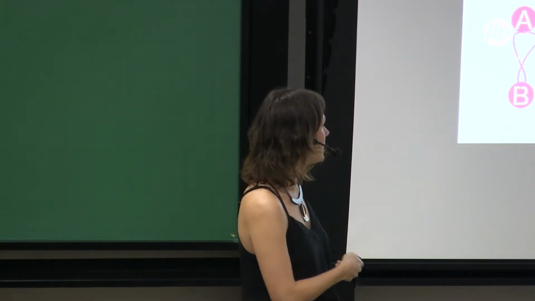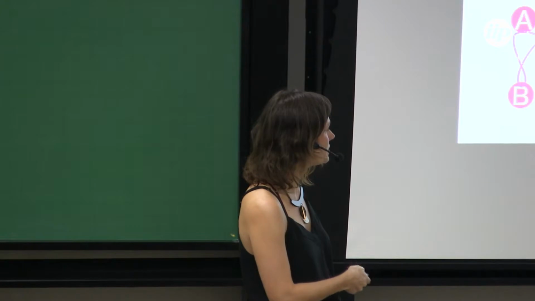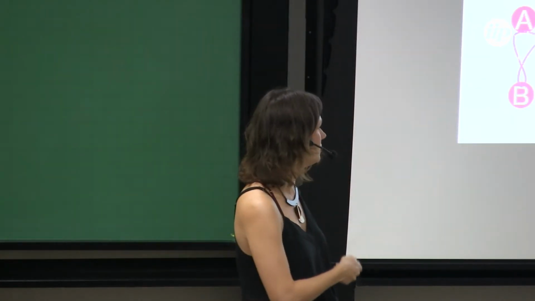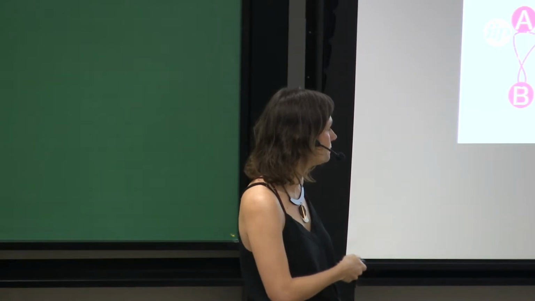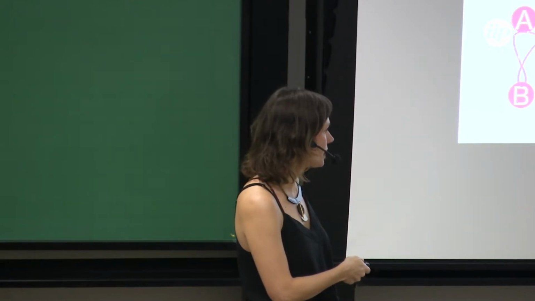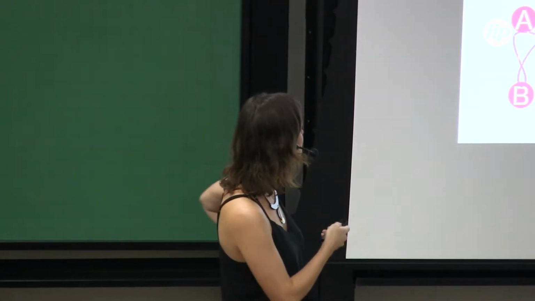In my example I have n outcomes, and for each outcome I prepare B in a different state. They don't necessarily have to be different, but I have n possibilities here. In this way I'm preparing an ensemble with n different possibilities for B, with probability p_i.